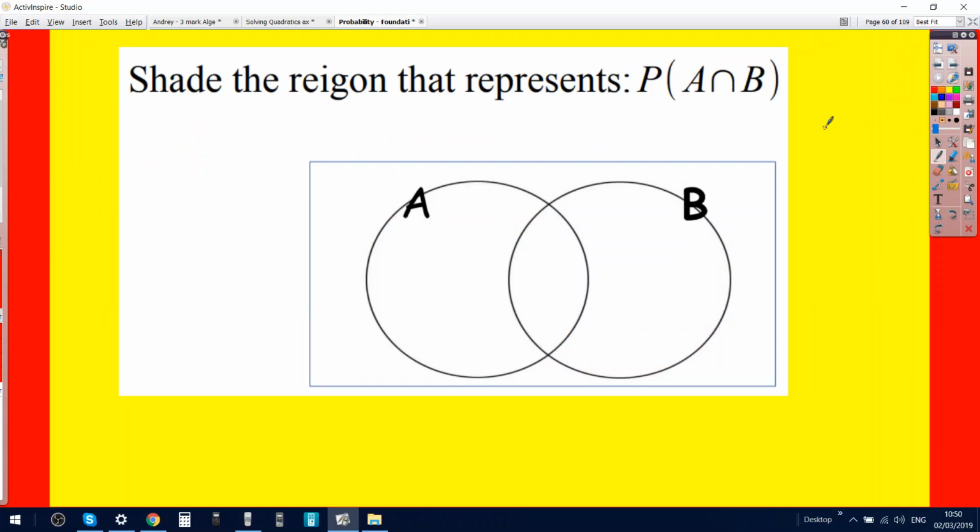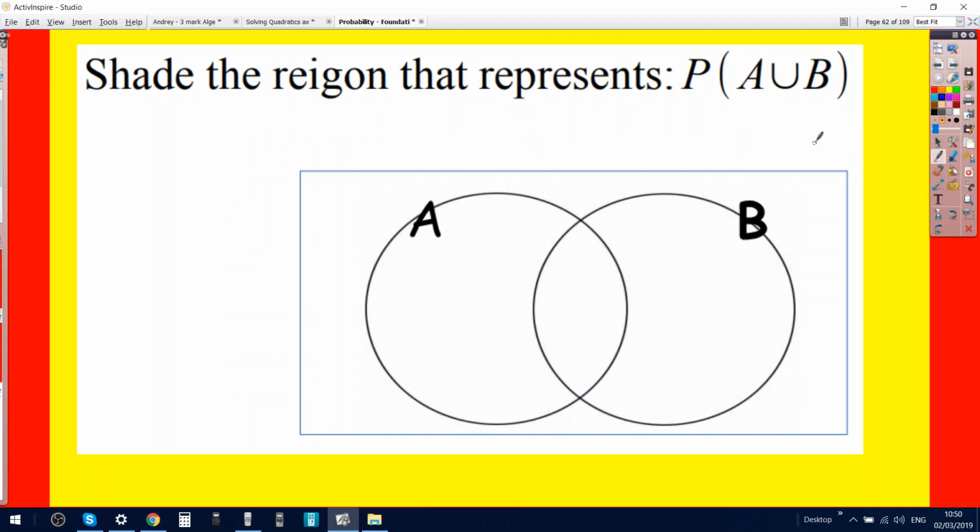Shade the region. So it'd be all of it, wouldn't it? Apart from the middle sector. What does this symbol mean? Is it A and B? Right, so what region is in both A and B? The middle sector. This one?